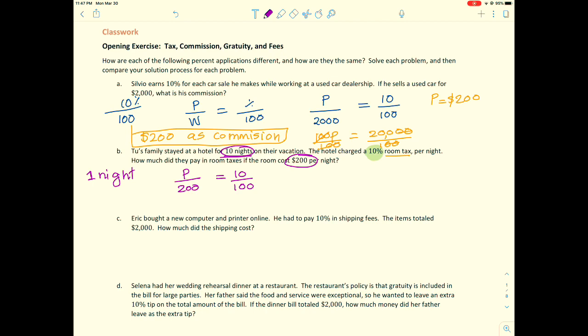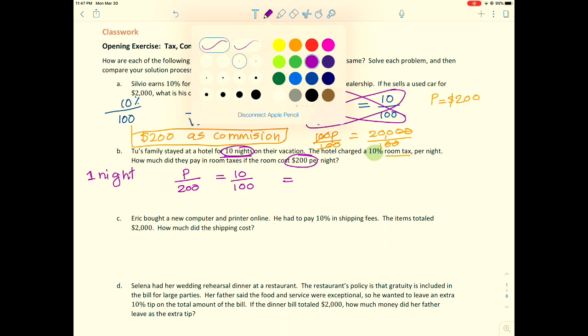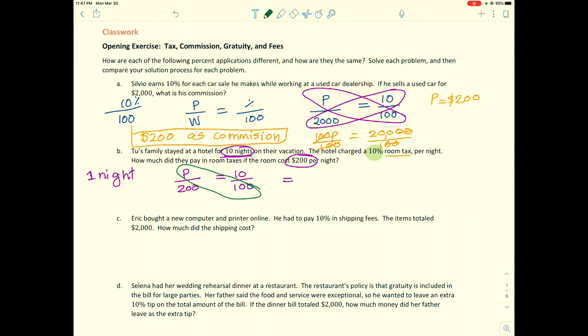Okay. So if I do my butterfly method, I forgot to show you the butterfly method here. Okay. I'm going to get, let's use another color, 100p is equal to 2,000. Divide both sides by 100 because that's the coefficient. P is equal to 20.